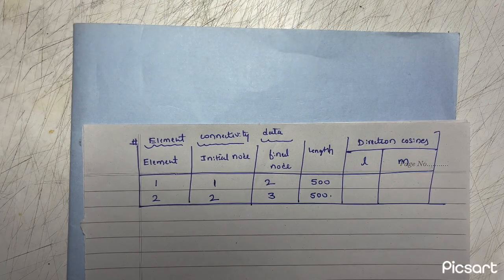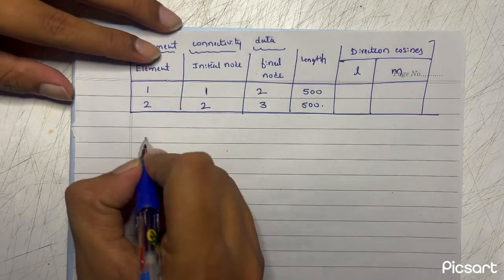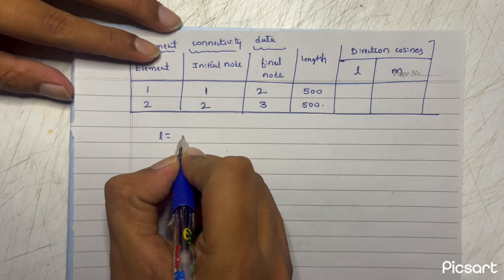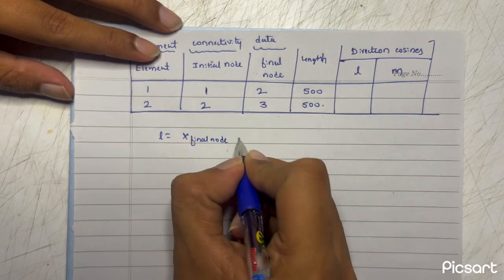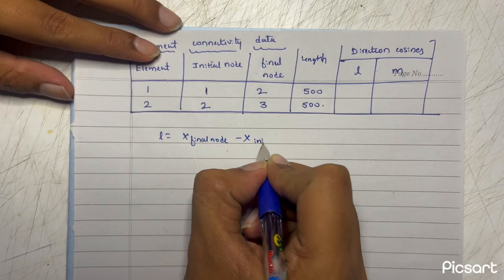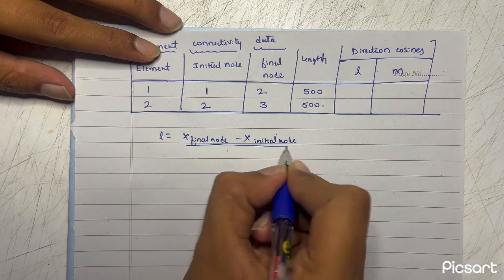Now here we have to calculate L and M. We already know the formula for L and M. For L, we have x of final node minus x of initial node, divided by length.